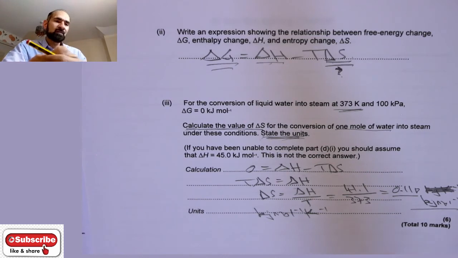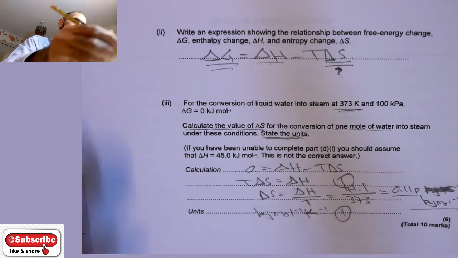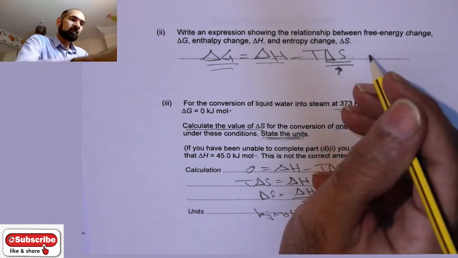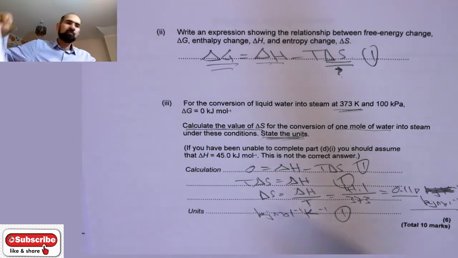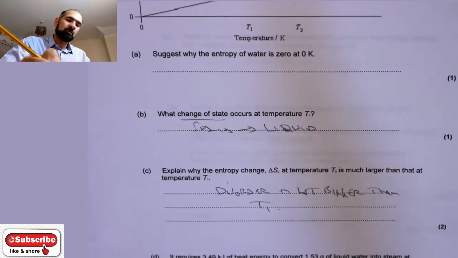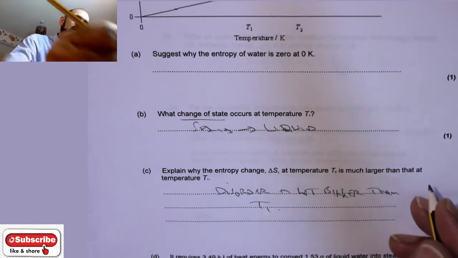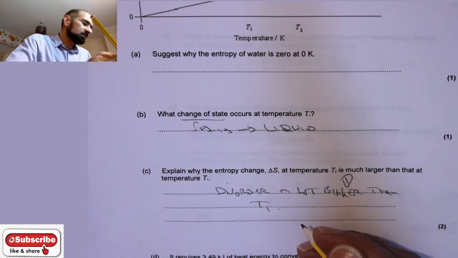So the marks would be 1 here, 1 here, 1 here, and of course that would be a mark. So that's 3, 4, 1 here, and then 1 for the answer, rearranging that and dividing by 0.85 to get the answer. And then you have 1 here: disorder a lot bigger than T1.